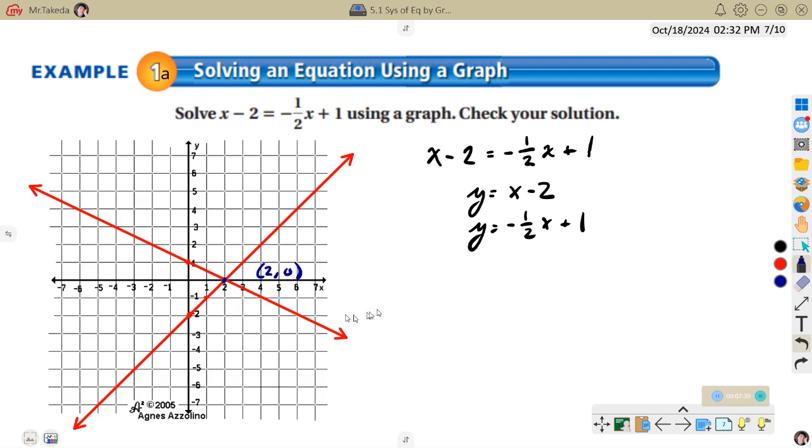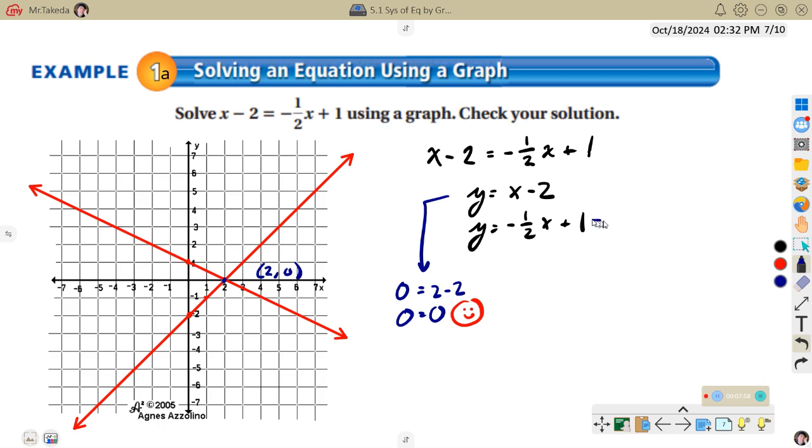All right, and just to prove that this works, I'll do the checking of the first one here. 0 equals 2 minus 2. 0 equals 2, I'm sorry. 2 minus 2 is 0. So this looks good.